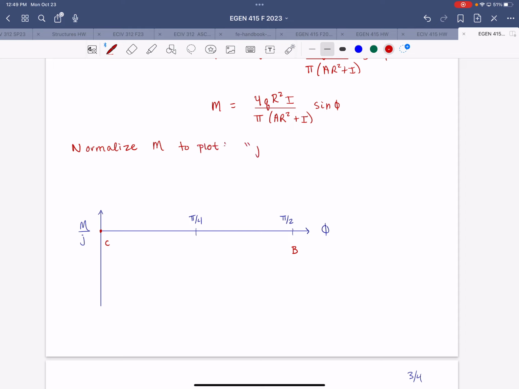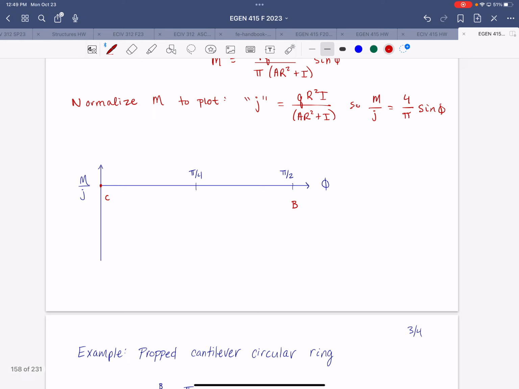So I'm going to define a lowercase j as q R squared I over A R squared plus I, so that M over J is equal to 4 over pi sine phi. And that's a lot more digestible to plot.